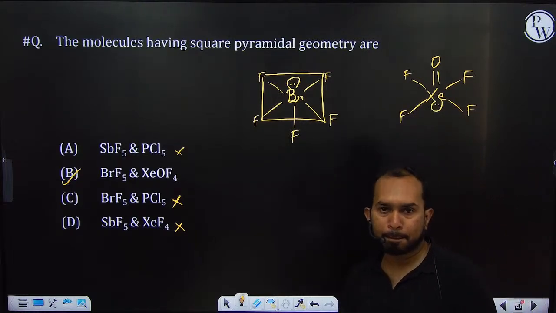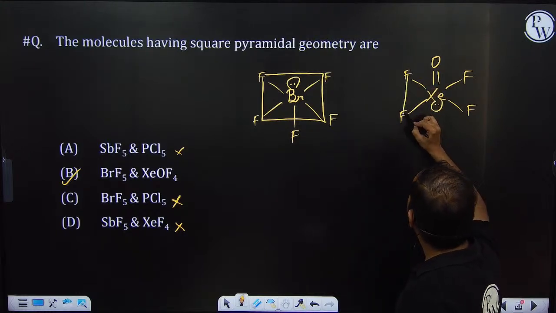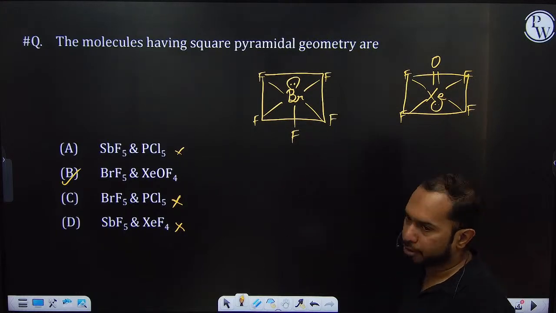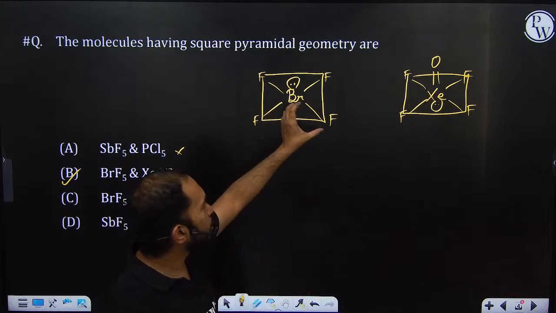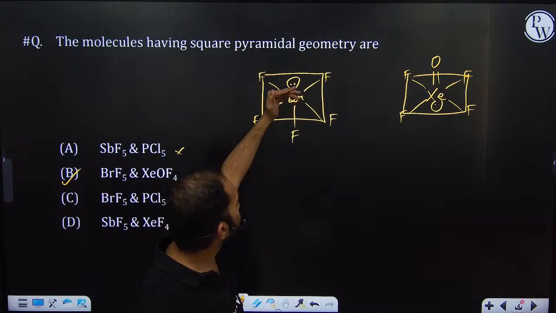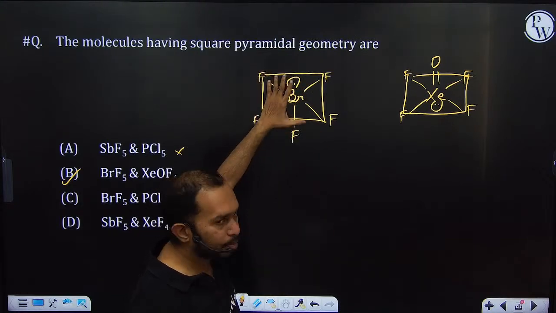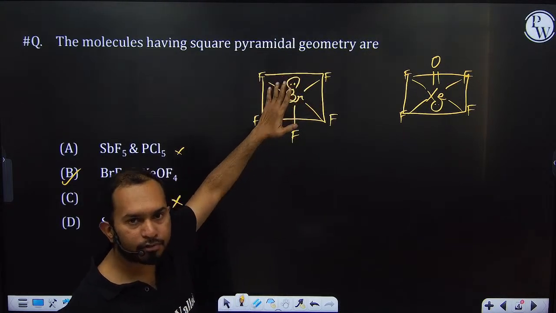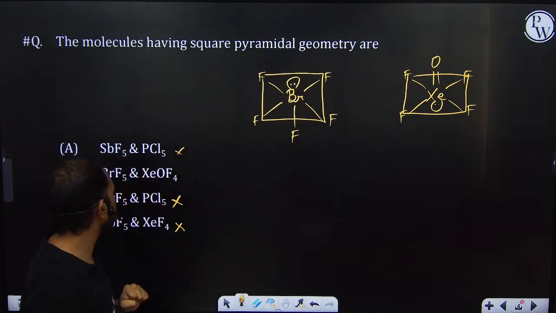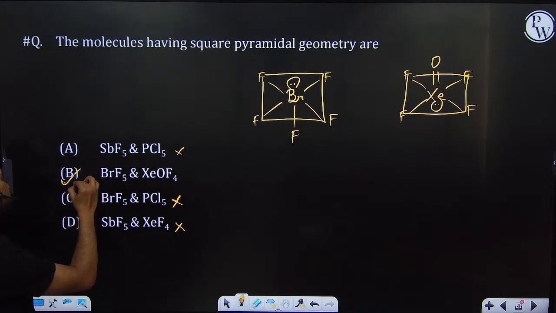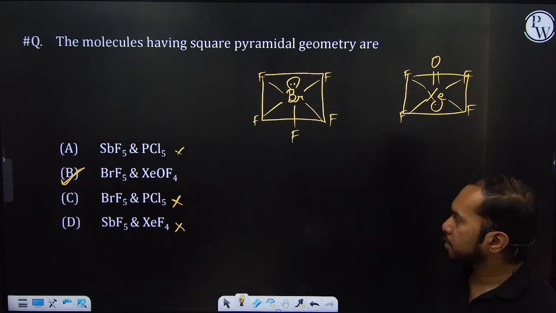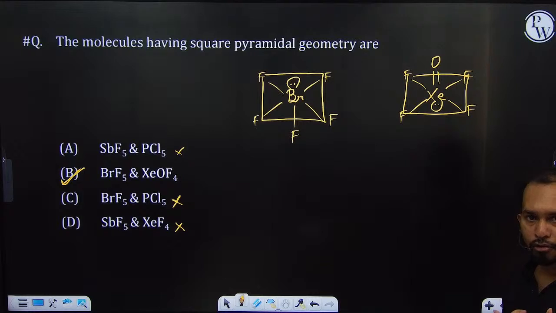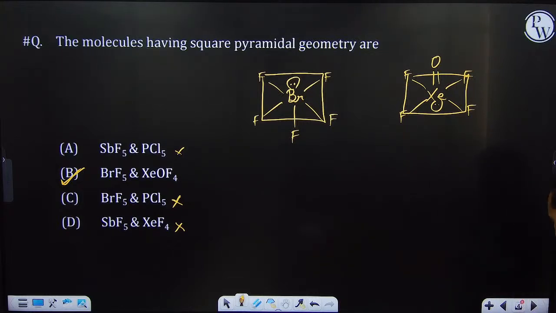Once again, the shape is square pyramidal, because the shape is determined by the steric number. The correct answer for this is straightforward.